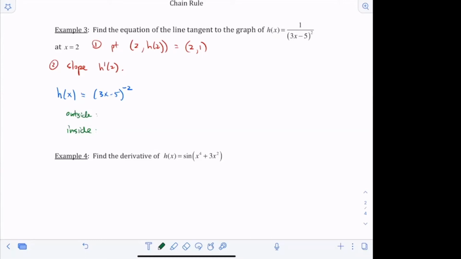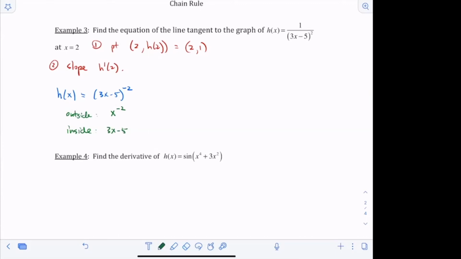It's going to be x to the negative 2, right, Desmond? I can understand if you're thinking something to the negative 2. That's a better way to think about it, almost like something to the negative 2 power. And then the inside function is going to be 3x minus 5.